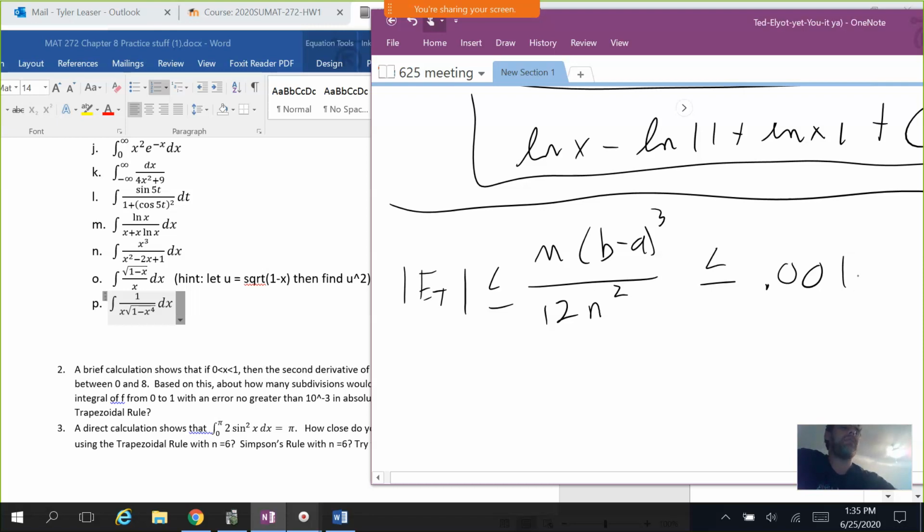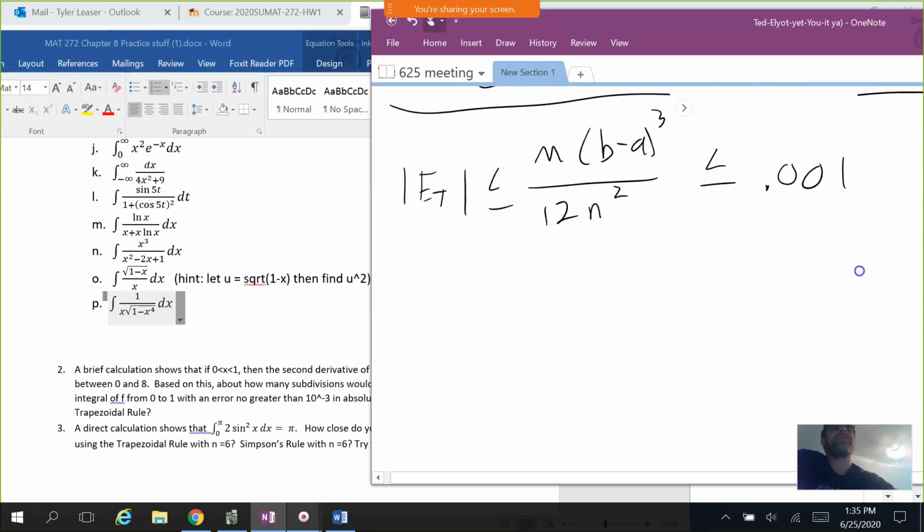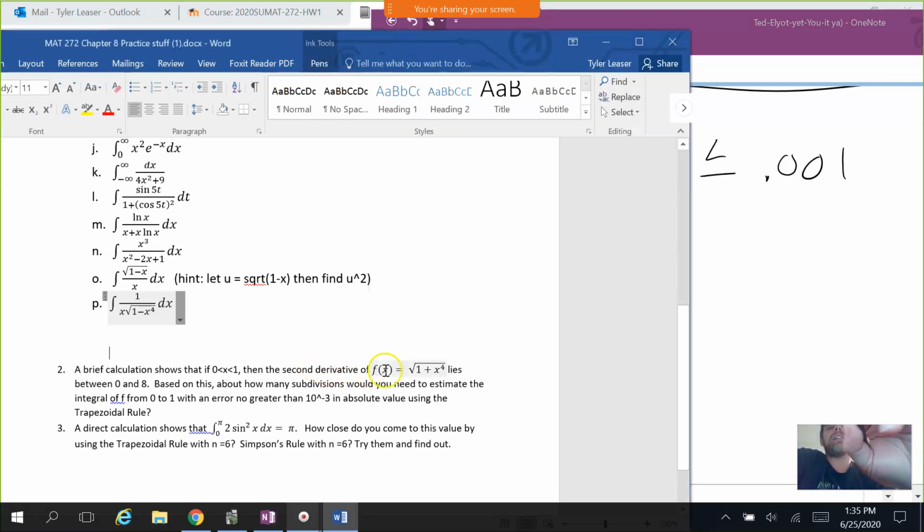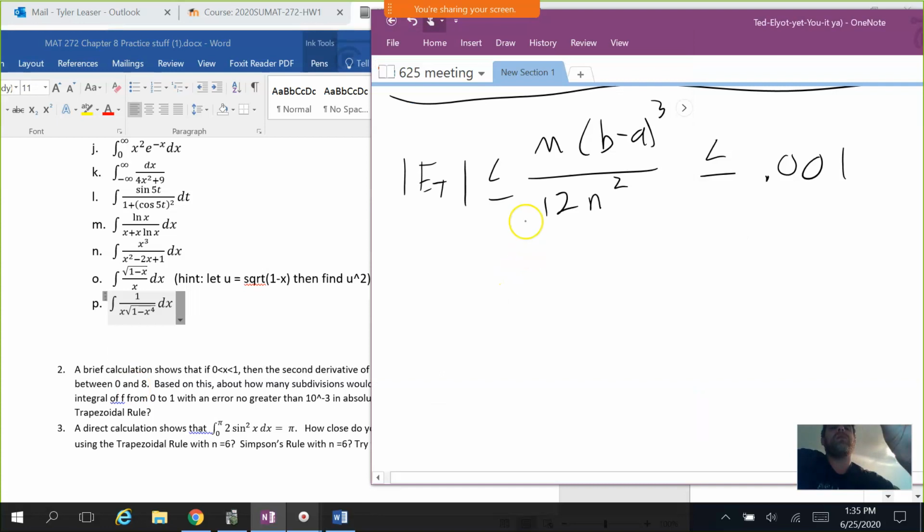You can think of it like you have 3 decimal places. Other than that, we're just plugging stuff in. It doesn't ask us to find the maximum of the second derivative, it just gives it to us. The second derivative of the function is between 0 and 8, which means that M is going to be 8, since that's the maximum of the second derivative.